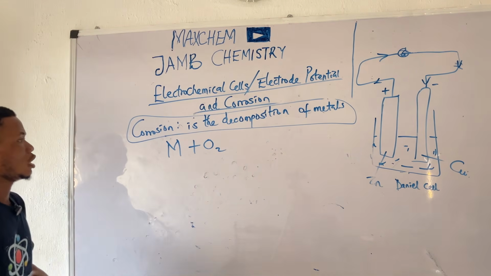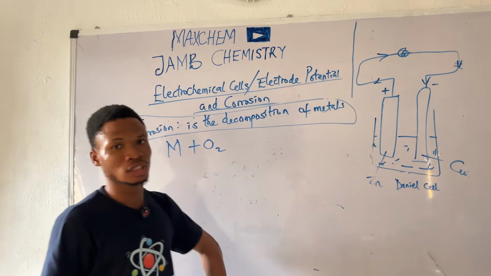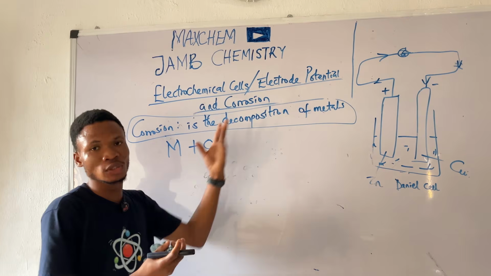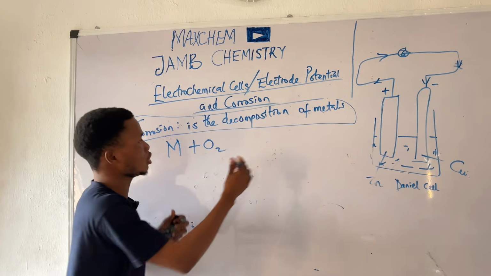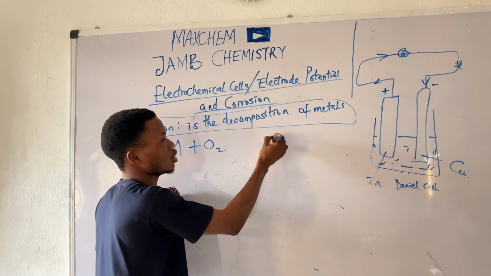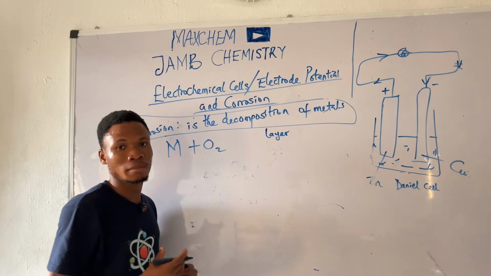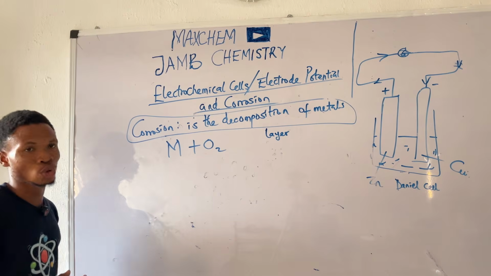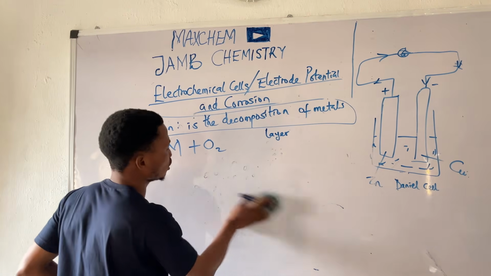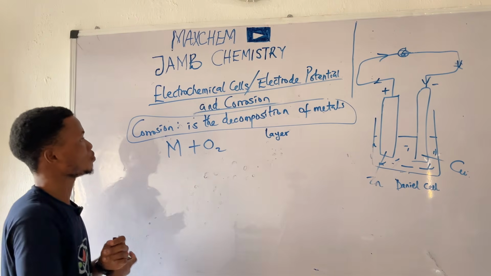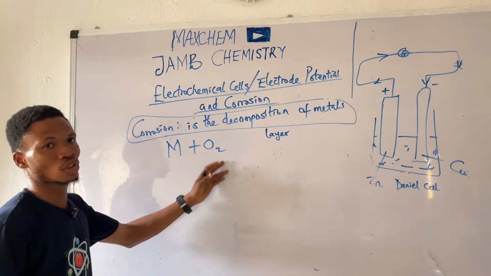So when a metal reacts with oxygen, it will start decomposing, thereby forming a layer on the surface of the metal. So that is corrosion: the decomposition or degradation of a metal due to the reaction with oxygen.